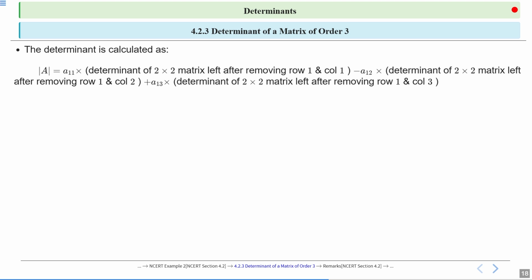And when we expand along any column, take that first element and then multiply into determinant of the matrix that comes after removing that index's row and column. Okay.